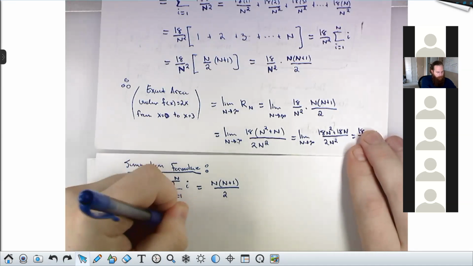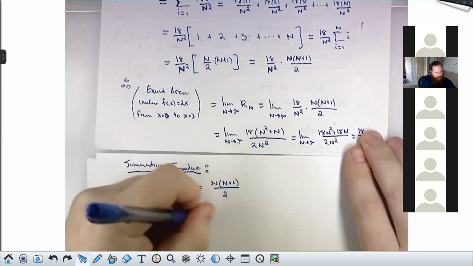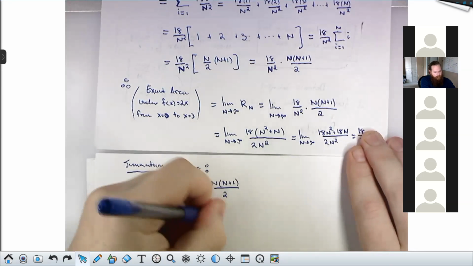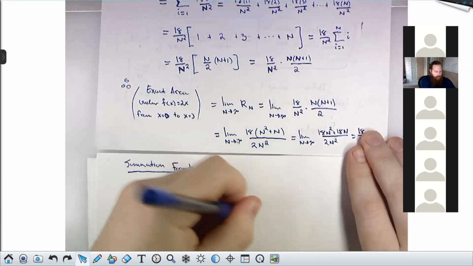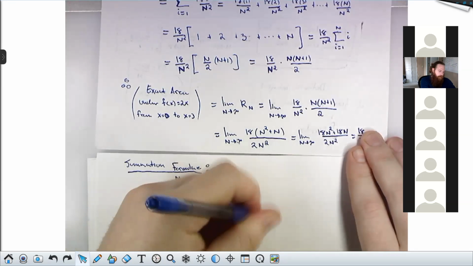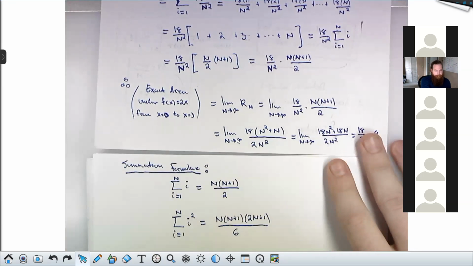If you add up the first n squares, you get something very similar to this. You get n times n plus 1 times 2n plus 1 all over 6.